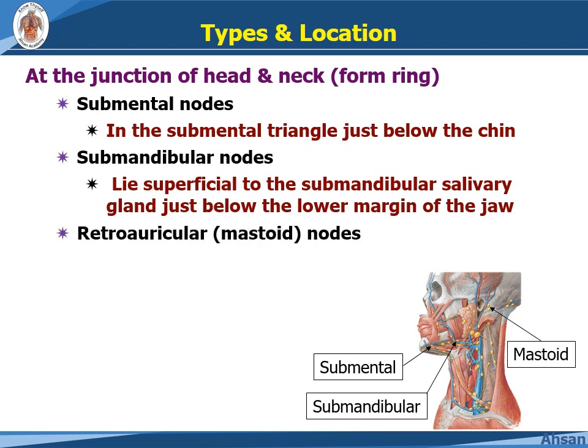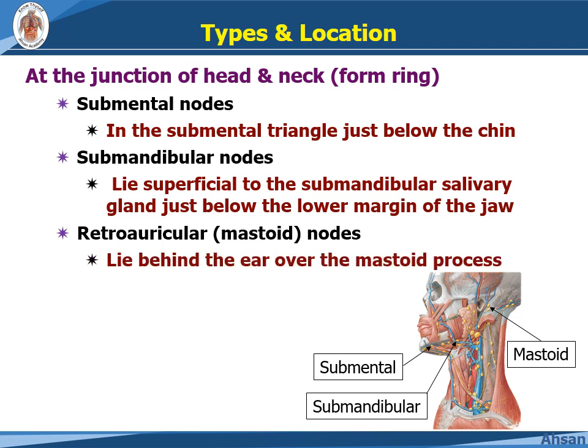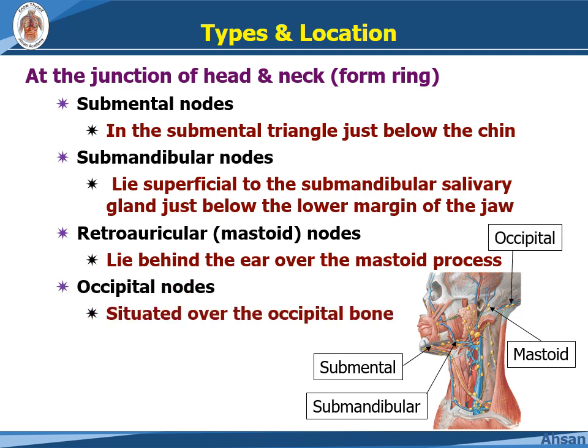The retroauricular or mastoid nodes lie behind the ear over the mastoid process. The posteriormost group of lymph nodes is the occipital nodes, situated over the occipital bone.